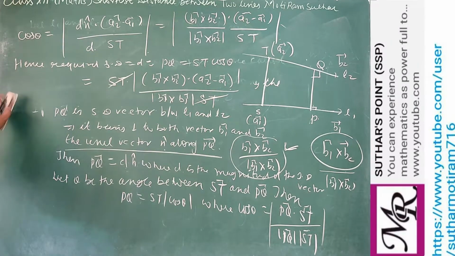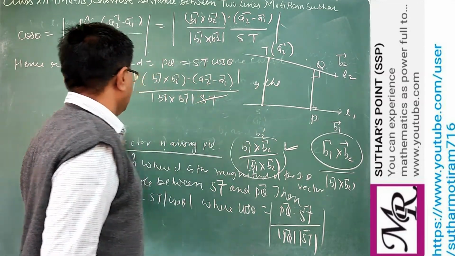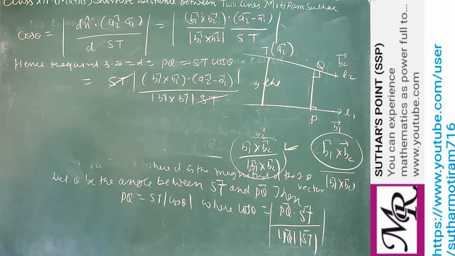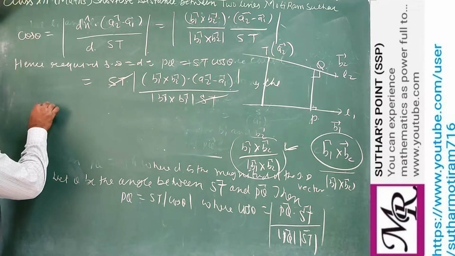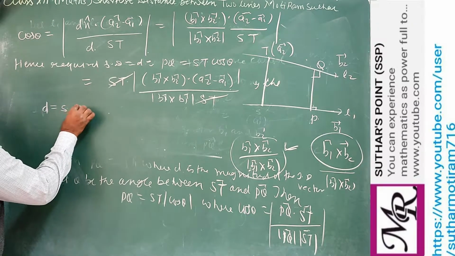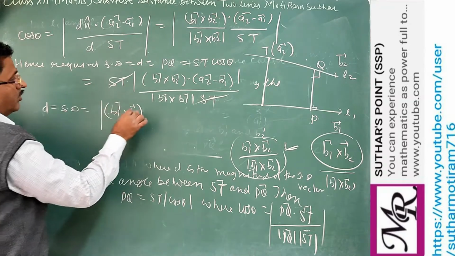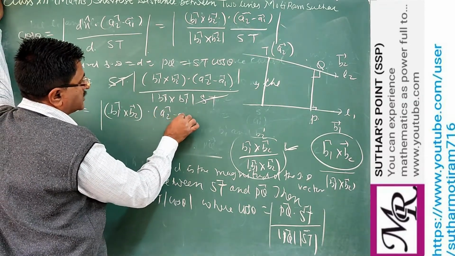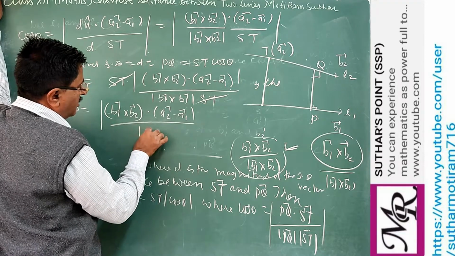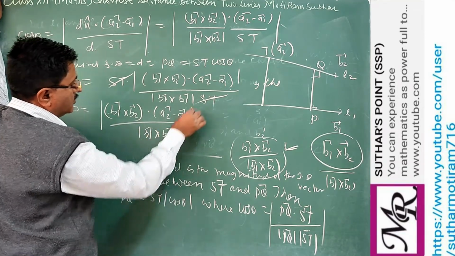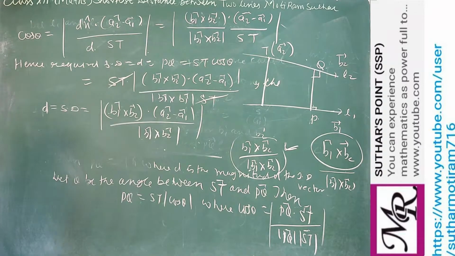So finally we get the formula for shortest distance, that is D equal to small d, or you can say SD, shortest distance, equal to mod of B1 cross B2 dot A2 minus A1 upon modulus of B1 cross B2. So this is the shortest distance.